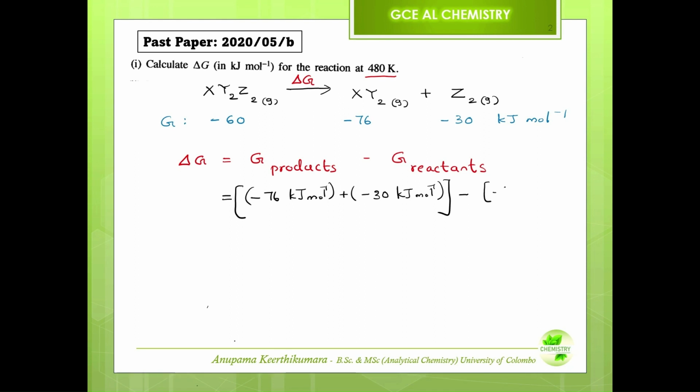It's minus 60 kilojoules per mole. Minus 76 plus minus 30 minus 106 plus 60. So the final answer is minus 46 kilojoules per mole. This is the Gibbs free energy change of the above reaction.